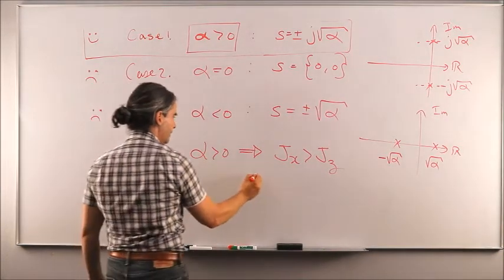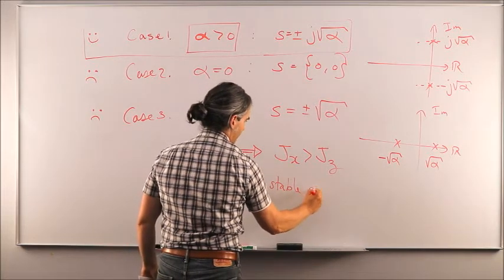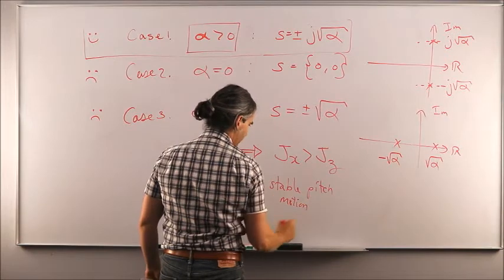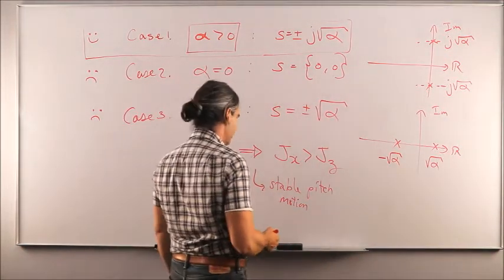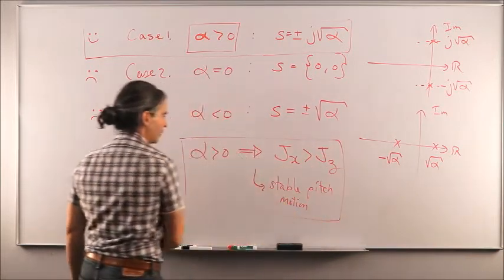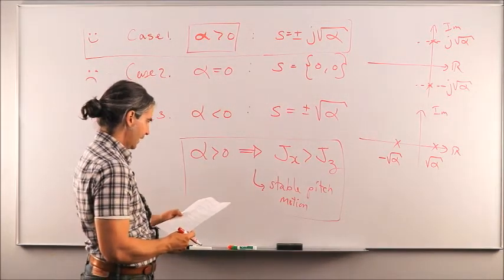Doing so means that you're going to generate stable pitch motion about the By unit vector or about the Qy unit vector. Okay, so the angle in terms of deviation would remain stable with time. That's the only way.